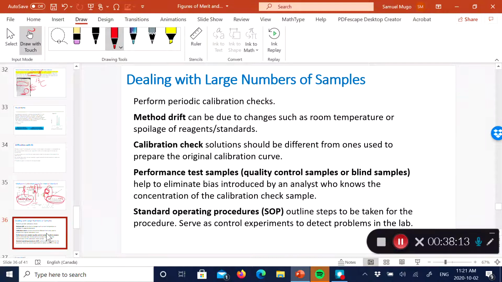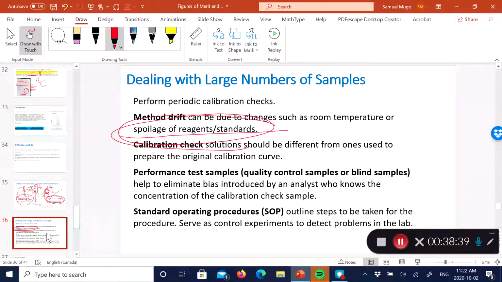So you always have to check for instrument drift. Okay, because the instrument, as I said, can change. The response may change because of the room temperature. Remember also, the analytical method could be affected by reagents possibly spoiling and so on. And so always counter-check the method drift.